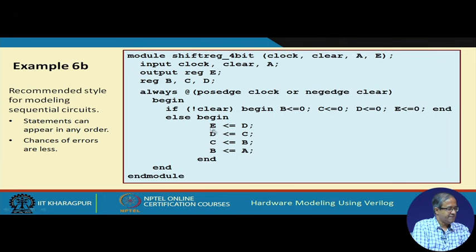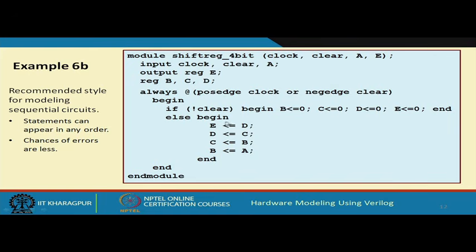See, if you had done the same thing using non-blocking assignments, then irrespective of the order in which you give the statements, it will still be a shift register. These 4 statements you can do any permutation. You can bring the first statement third, the last statement first, any order you specify, but the meaning is the same. All the right hand sides will be evaluated at the same time, read, and they will be assigned at the same time.